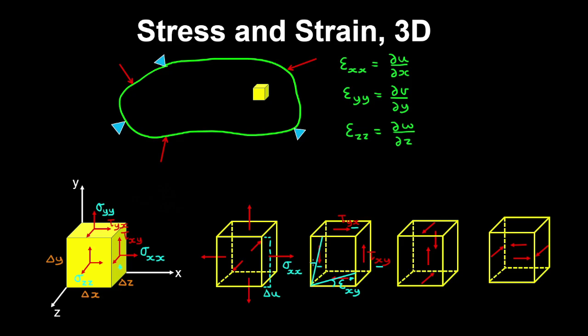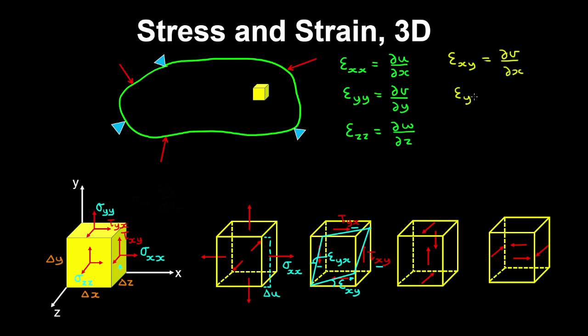So this here is the strain due to the shear stress yx. So the shear stresses effectively act to distort the element. So therefore epsilon xy is the change in the displacement v in the vertical direction as we move along the x direction.